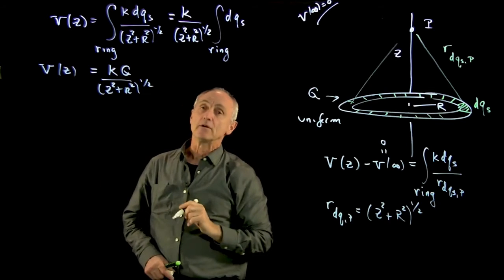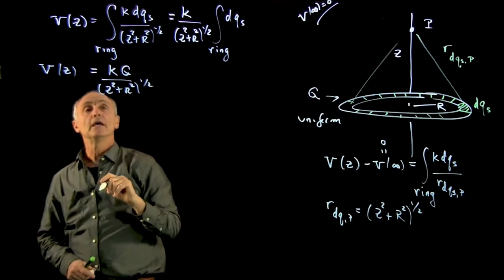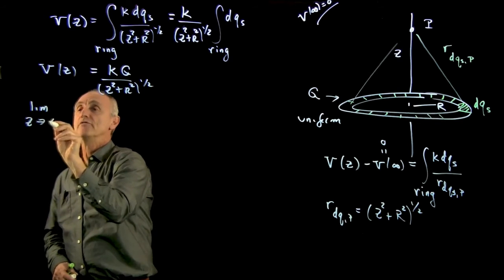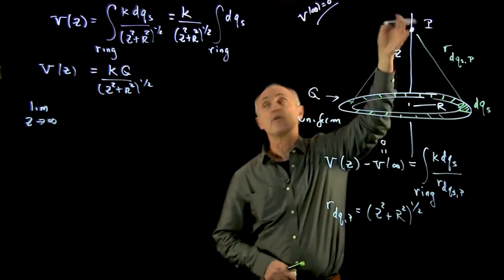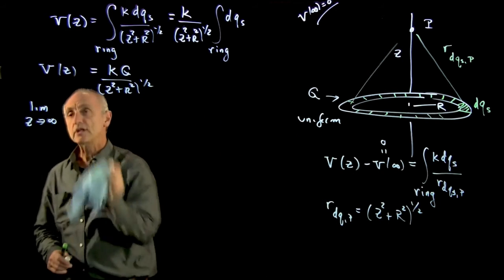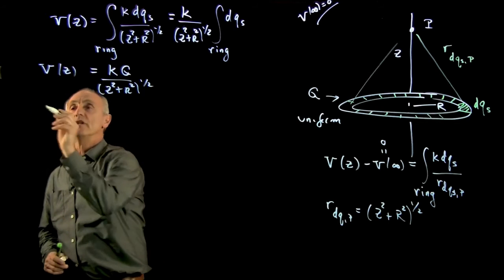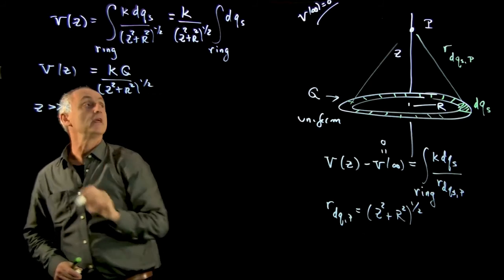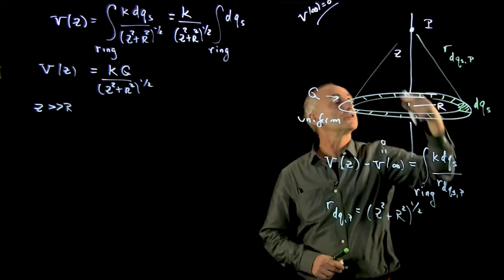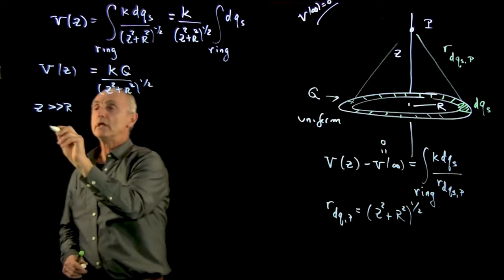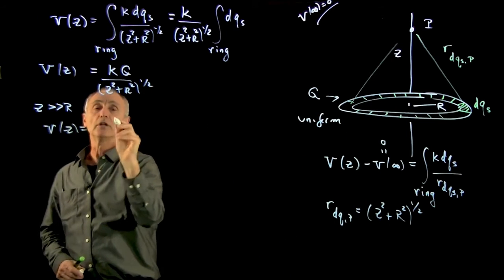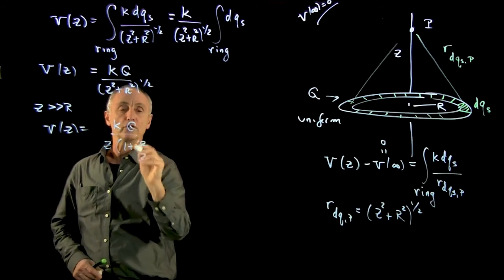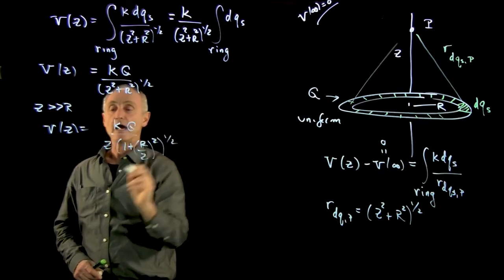Now, there are a lot of things we can look at right now. The first thing we want to do is imagine the limit in which z goes to infinity. So we're going very far away. Well, let's look at it this way, rather. Instead of z goes to infinity, we want to just look very far away from the ring. So our variable z is much, much bigger than r. Then I'd like to write this potential function, pulling out the z, as 1 plus r over z squared to the 1/2.